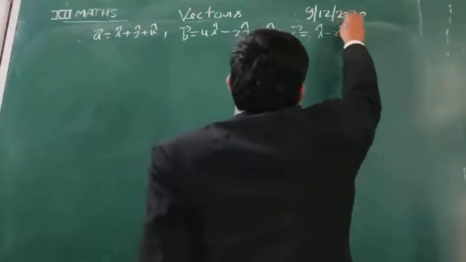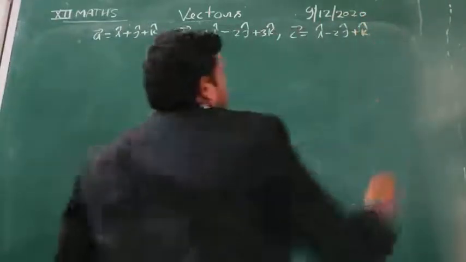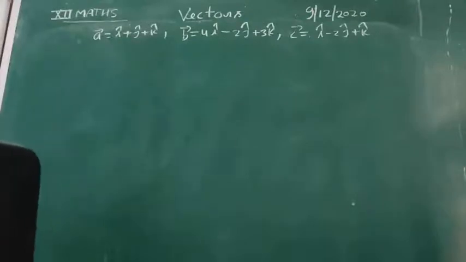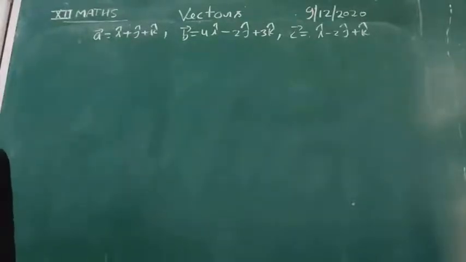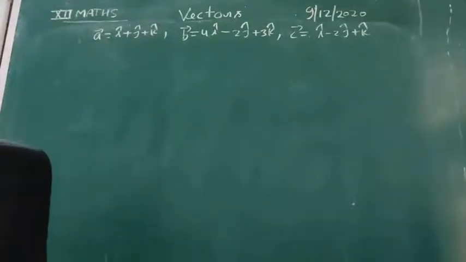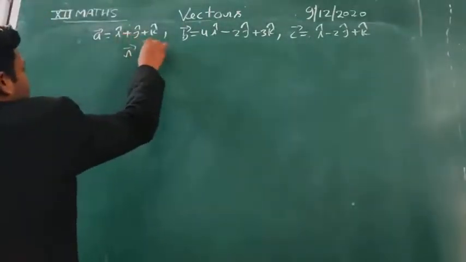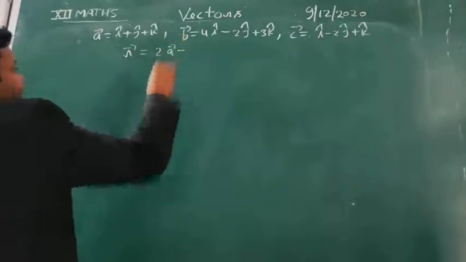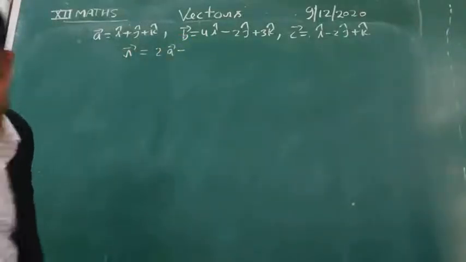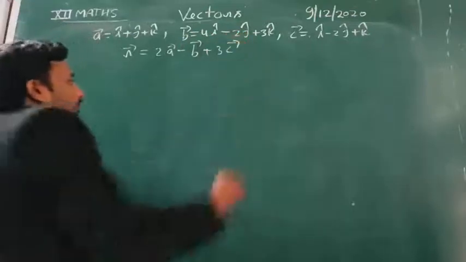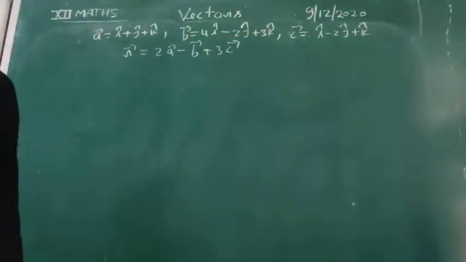So these three vectors are given, and the question says find a vector of magnitude 6 units which is parallel to the vector r, which is equal to 2a minus b plus 3c. So first we will find this vector r.